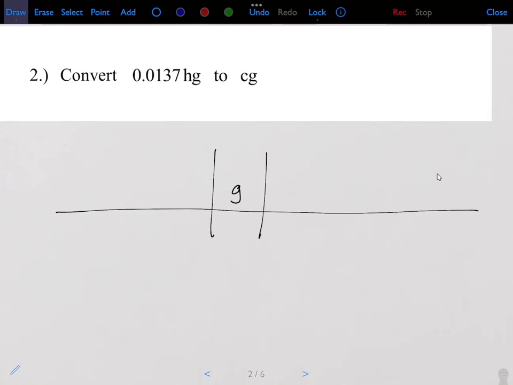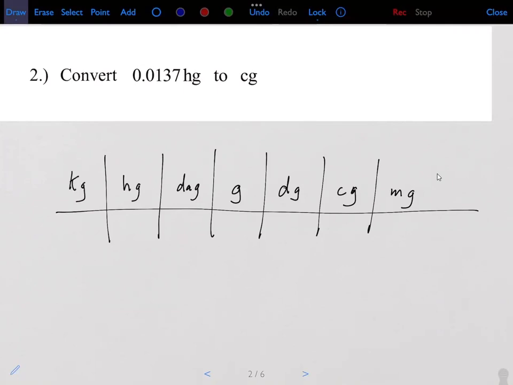And then to the right of that, I have decigrams, then centigrams, and then milligrams. And to the left, I have deca, so DAG, grams, hectograms, and then kilograms.